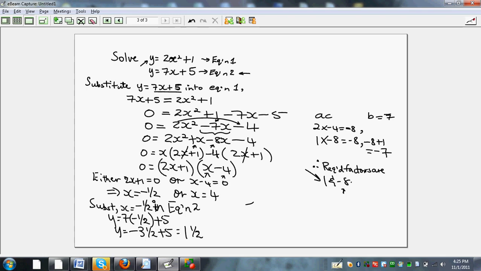So what I did was take the one value of x, which is equal to minus a half, and substitute it into equation 2. So the x here becomes minus a half. Work that out, and that would give me one value for y. But then there's another possible value of y, because x is also equal to 4.